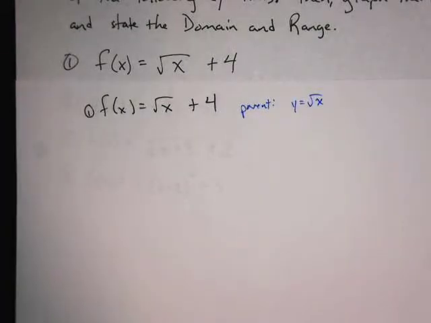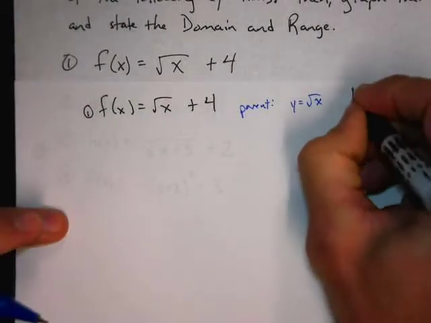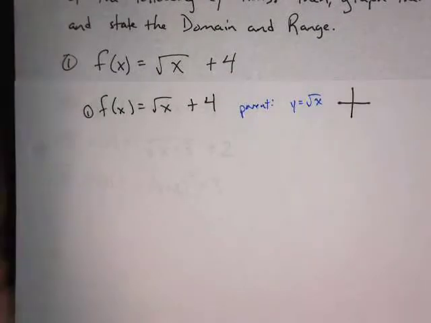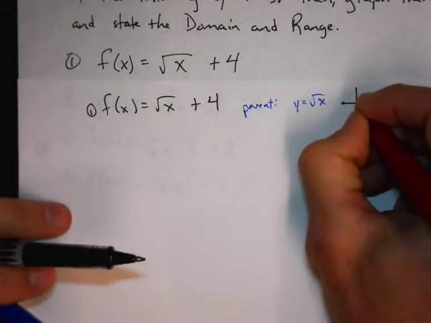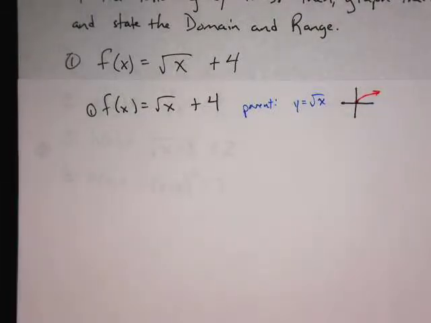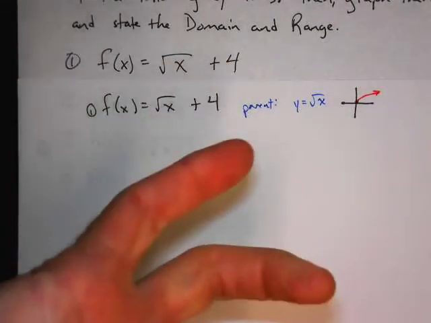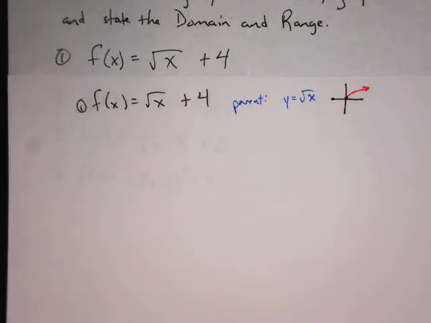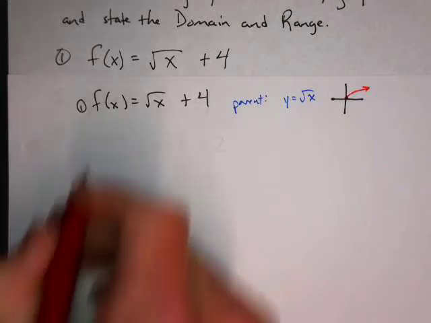And if you recall, the graph of y equals the square root of x starts at the origin and just does that little bloop thing, right? Like that. That's the parent function. And what we're going to do is use that parent function and look at the equation and figure out what's happening. So we look at translations, right? How does this work?